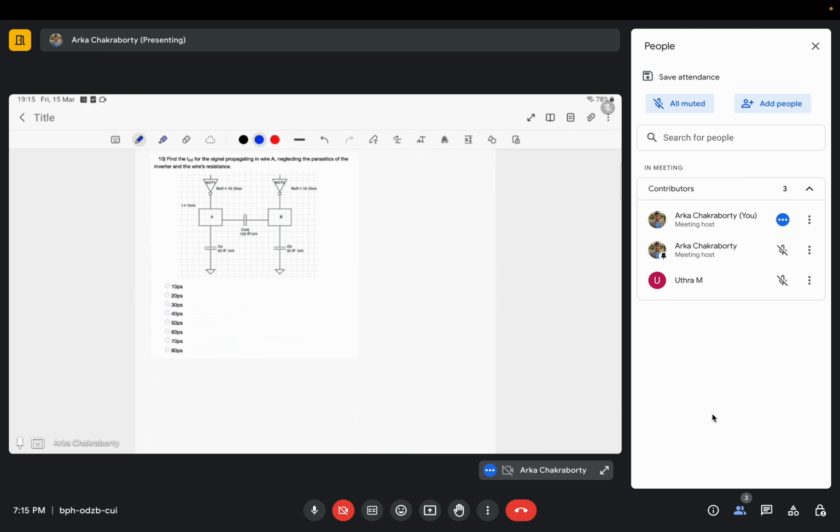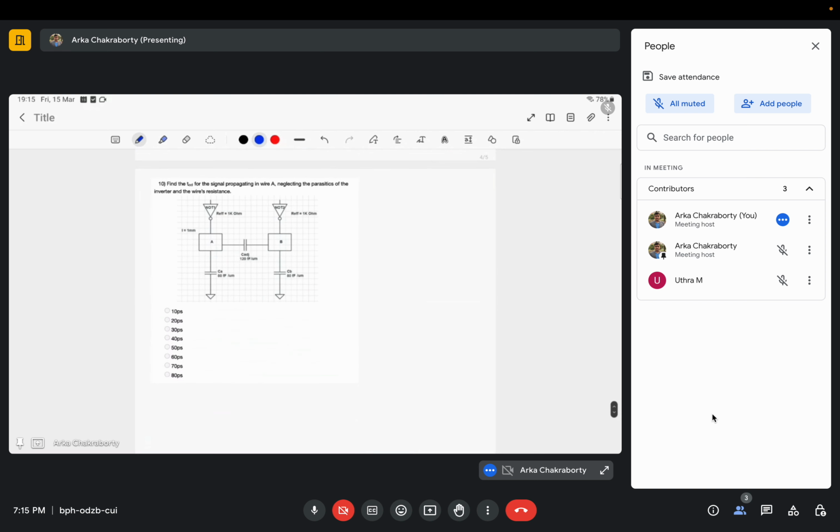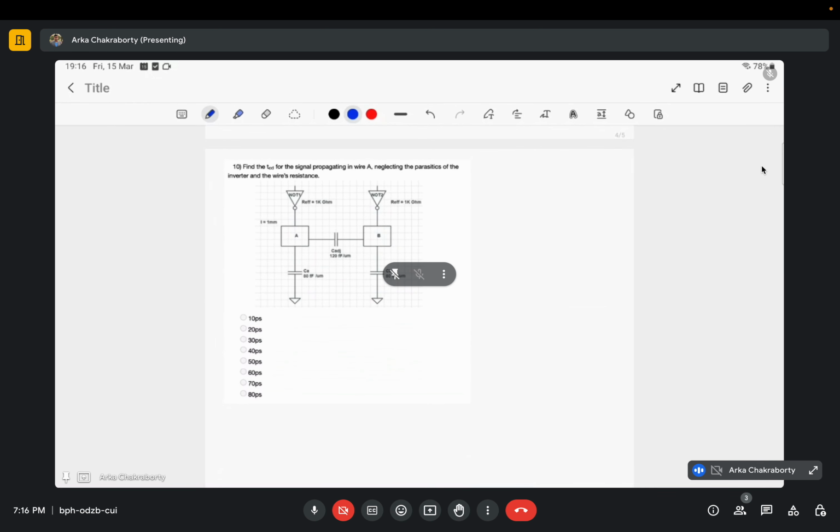Contamination delay and propagation delay, as I have already mentioned in the first question: propagation delay means the worst case delay, and contamination delay means my best case delay. Correct? Let me reiterate it for you.